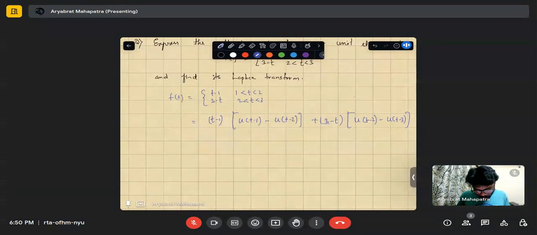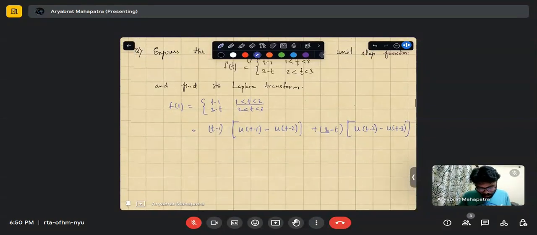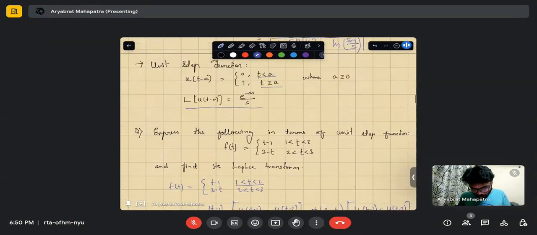So your function is basically t minus 1 when t is between 1 and 2. So that is like I can write, because u of t minus 1 will only equal 1 if my t is less than 1. That is from the definition of u of t minus a.